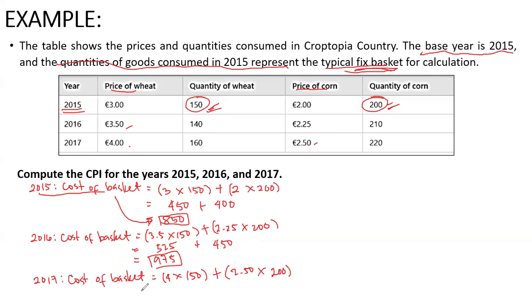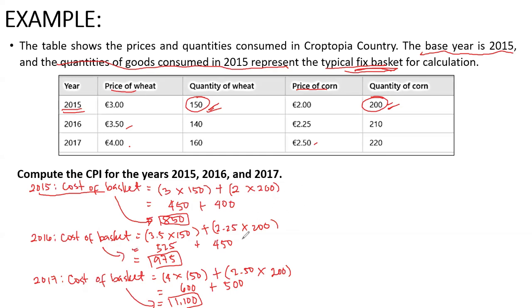So 4 times 150 is 600, plus 2.50 times 200, which is 500. So the cost of basket in 2017 is 1,100.